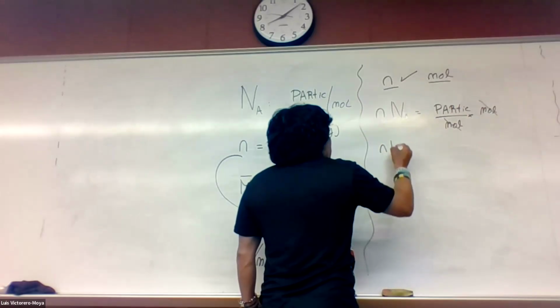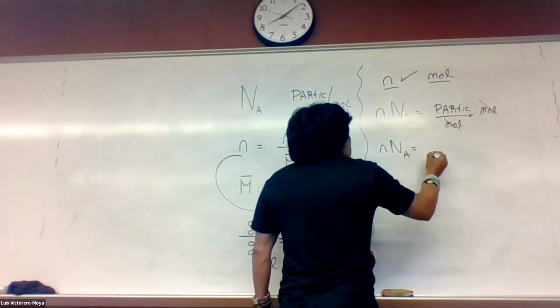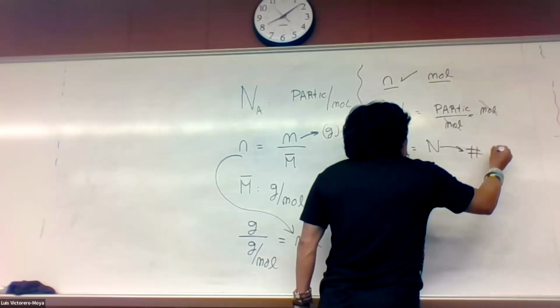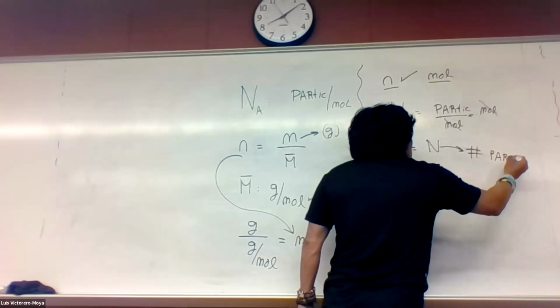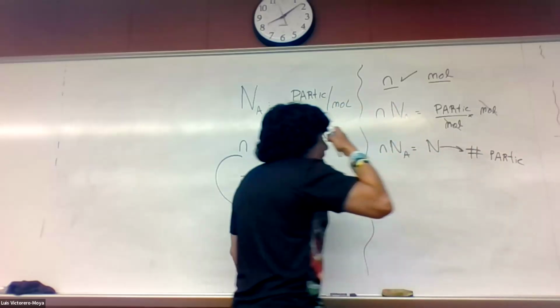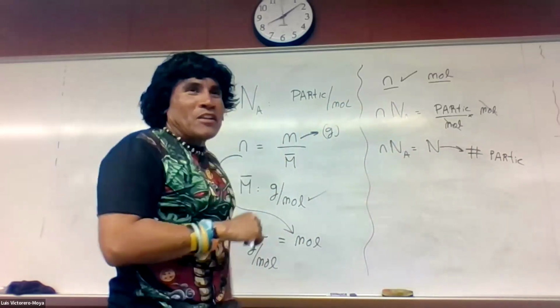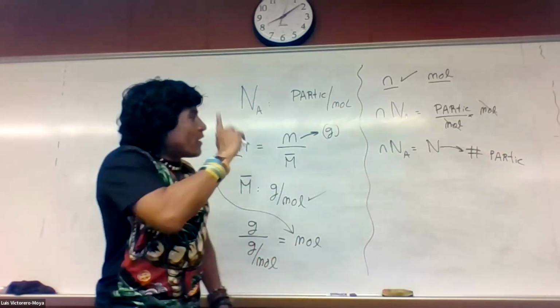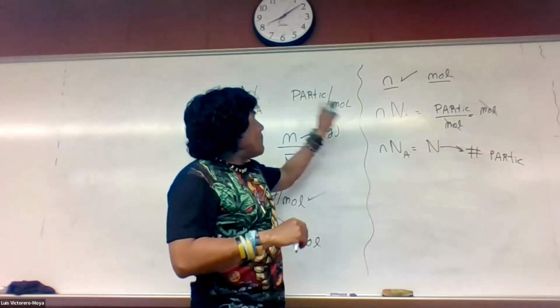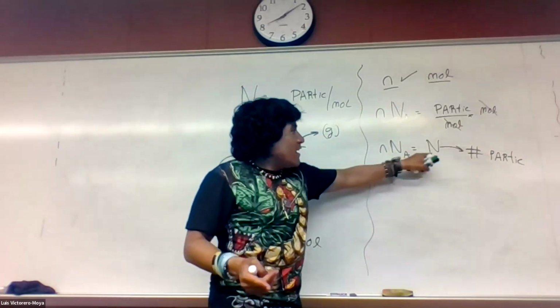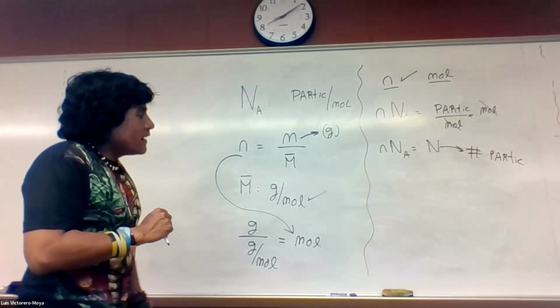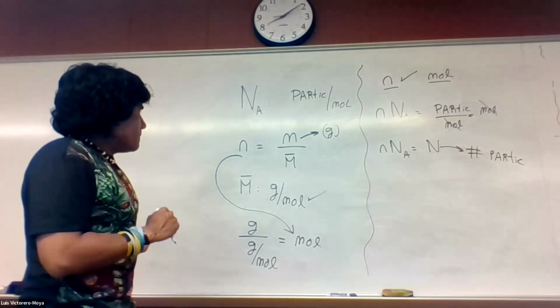So N_A times n gives capital N, the number of particles. I'm just showing this because you're going to see those equations, and sometimes it's good to know how to prove them. Since the Avogadro number is a constant, I get capital N, the number of particles.